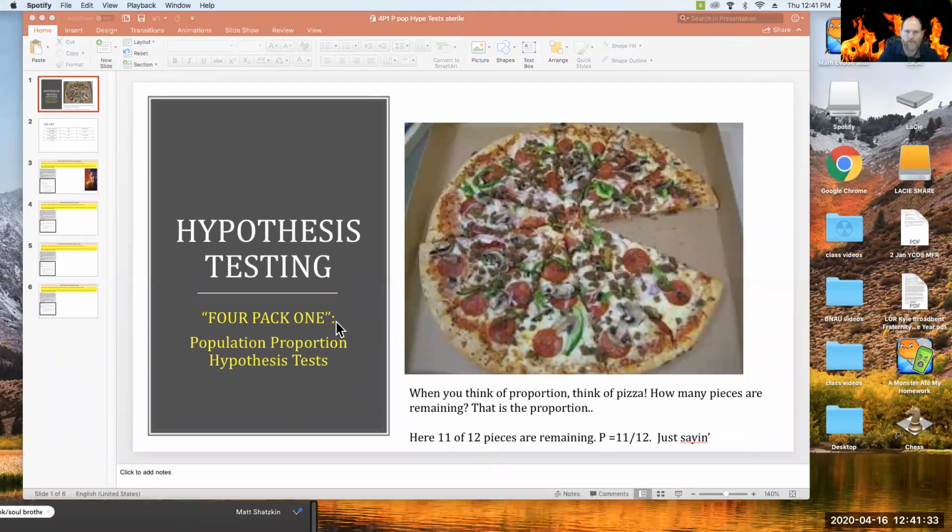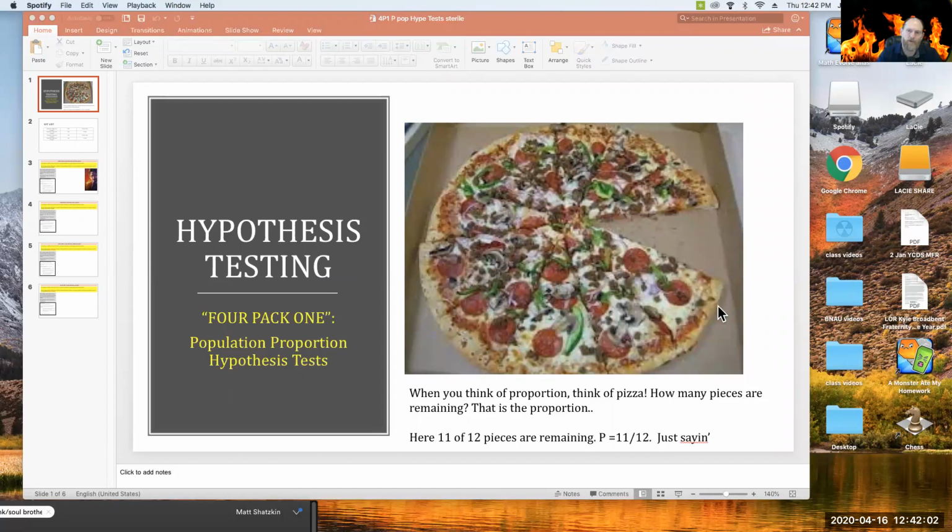All right, so today we're going to focus on population proportions. I put this picture of a pizza. I've probably been eating too much pizza lately, but this is a way that might be helpful for you to think about what a proportion is in the first place. When we have a whole pizza, that essentially is 1 or 100%.